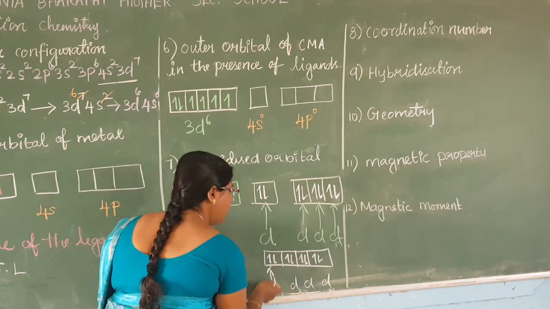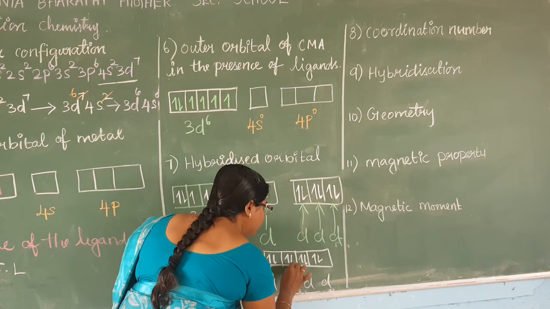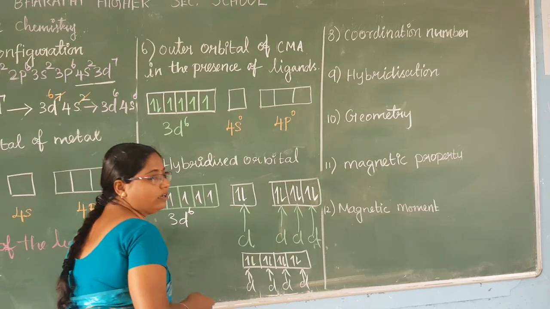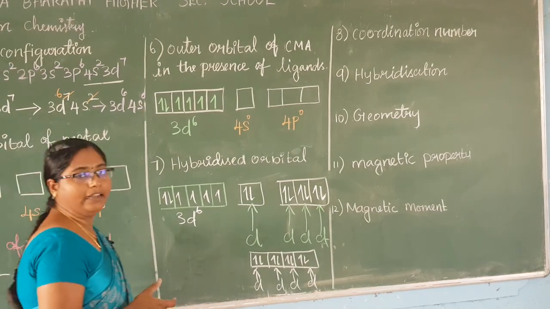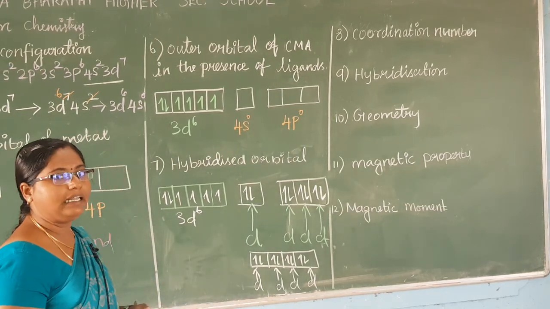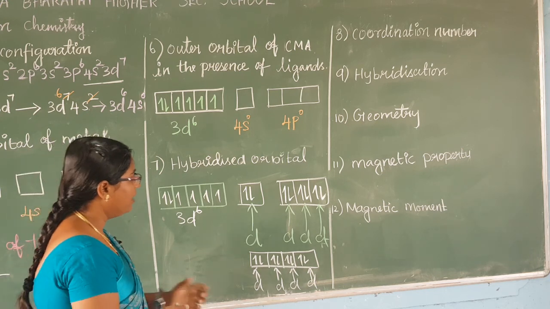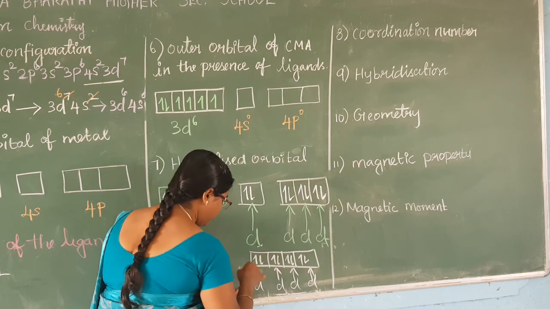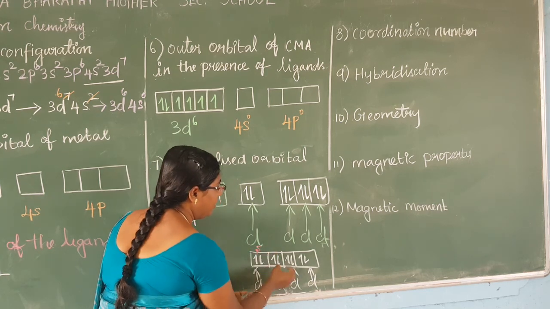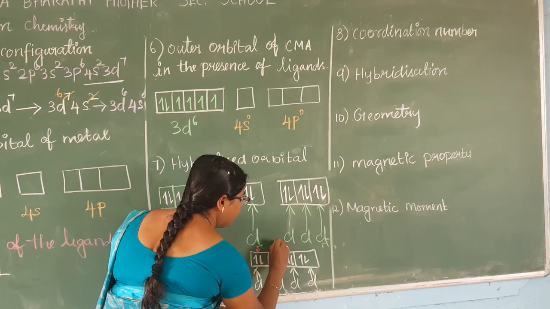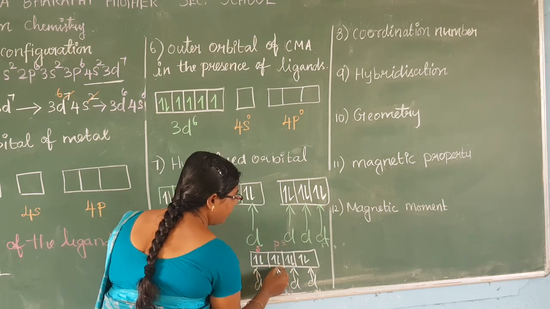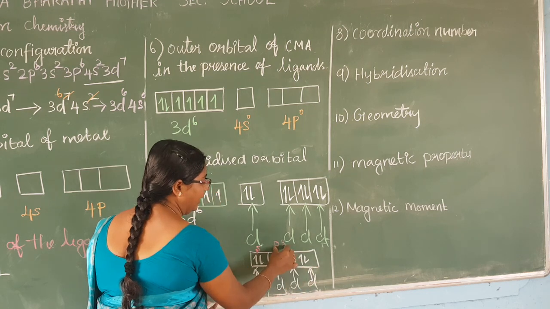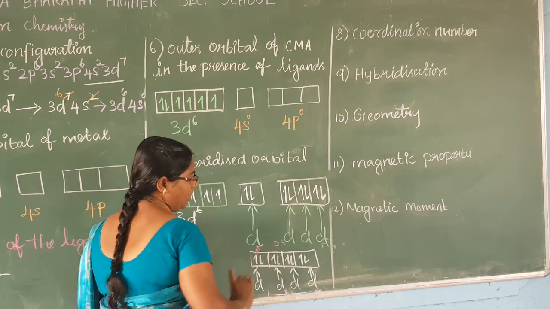Each Cl will donate a pair of electrons in order to form a coordinate covalent bond between the metal and the ligand. This hybridization is called 1 s orbital and the remaining p3 orbitals. We have p1, p2, p3. So I write sp3 orbital.